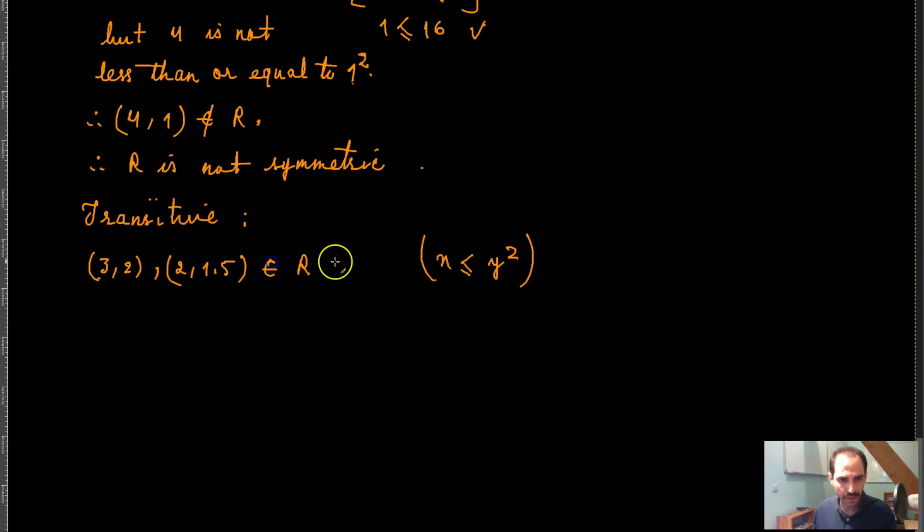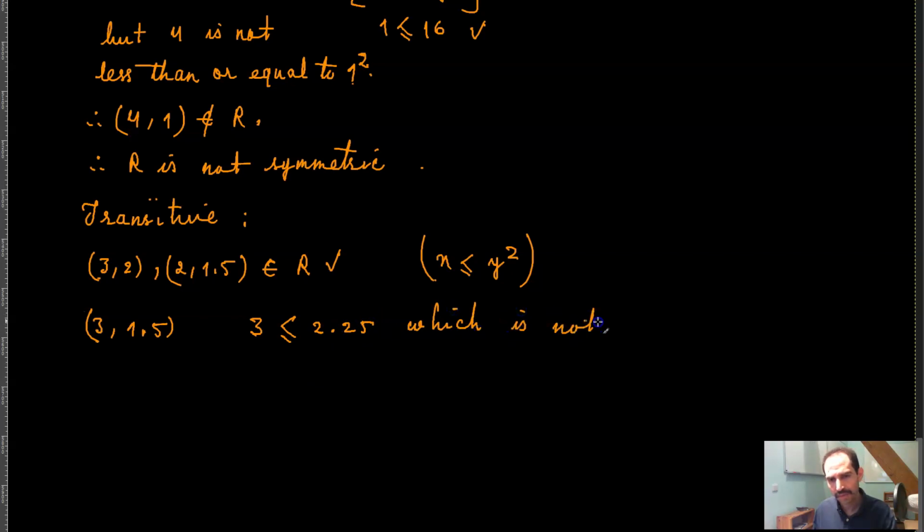So both of these do belong to R. But if you write 3, 1.5, there you have 3 less than or equal to 2.25, which is not true, right?